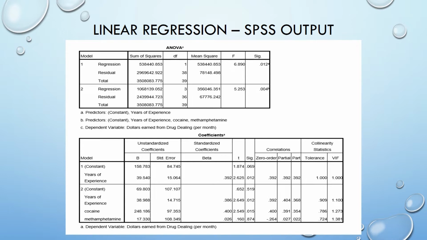So let's just look back to the ANOVA model 1. You'll notice that it looks very similar to what we saw with a standard one-way ANOVA output, where we have a sum of squares column, a degrees of freedom column, a mean square, an F, and then a p-value for the F. It's the exact same logic, except over there in the model 1 box on the left-hand side, where it says regression, regression is just substituted in for what we were calling between groups when we did ANOVA.